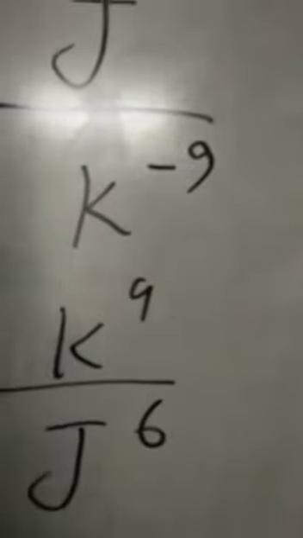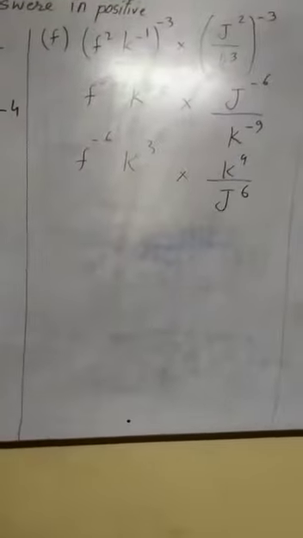Now, because we have to convert this into positive indices, we have to shift these negatives to the other sides. K^9 will go up and J^6 will go down, and this is K^3 and F^-6.